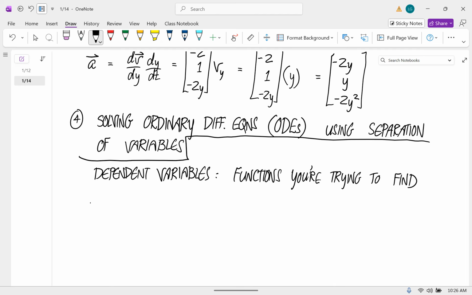And the independent variables are the variables, well, this is only going to be one for us because we're doing ordinary. So the independent variable is the variable derivatives are being taken with respect to.